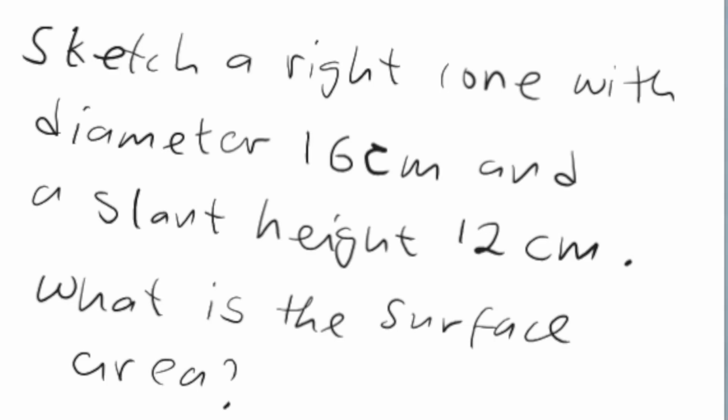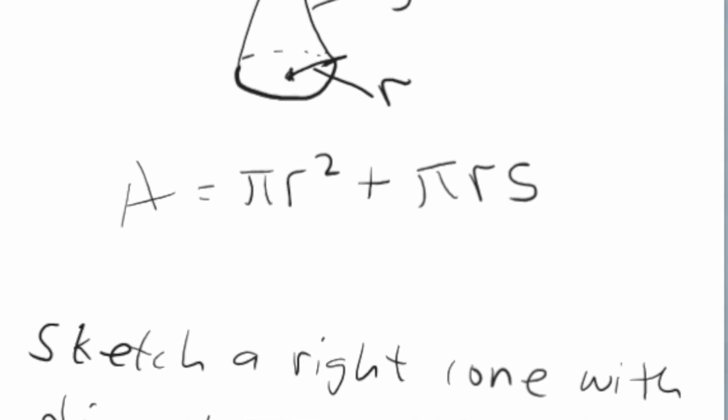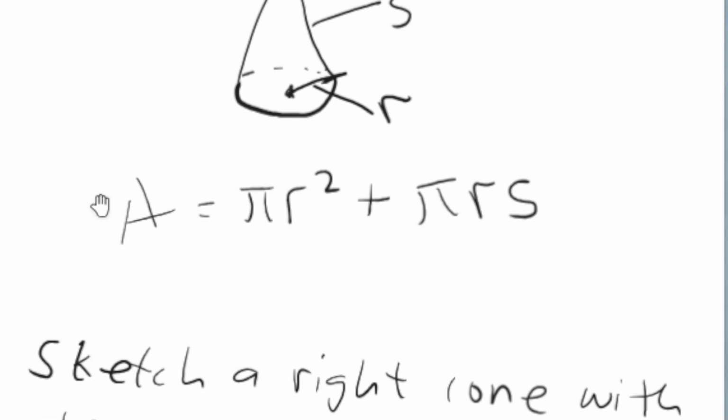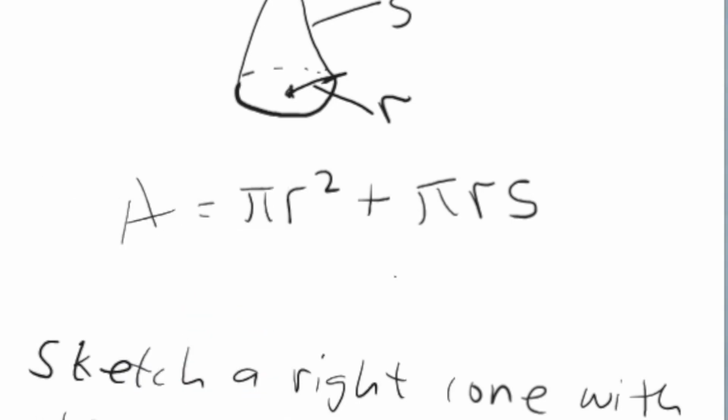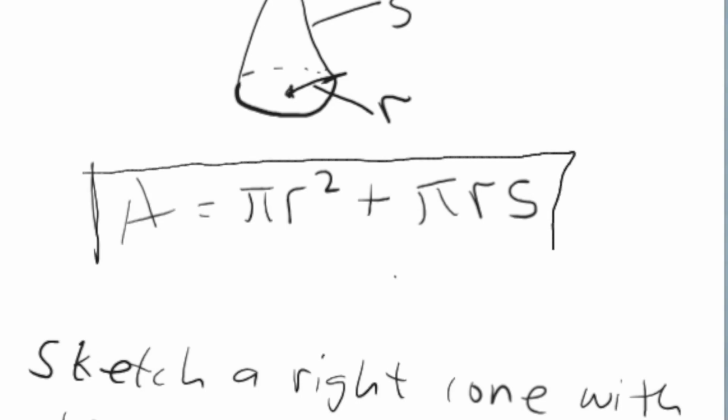So what you need to do is draw the cone, put the slant height there, put the diameter there, but the formula needs the radius, and then you use the formula to calculate the area. So try this and let me know what you get, and what formula you use.